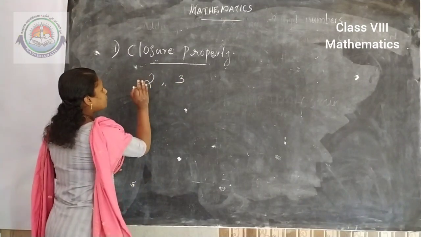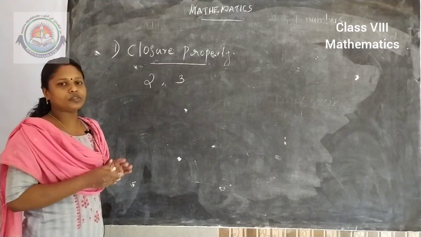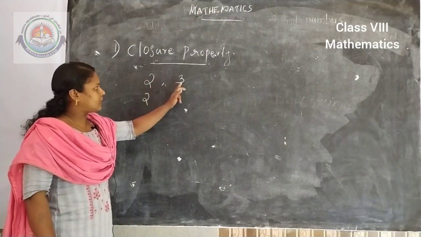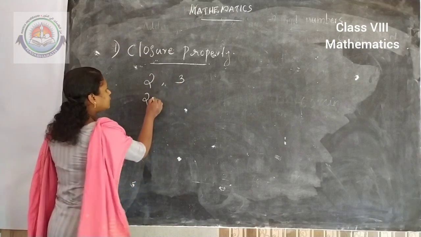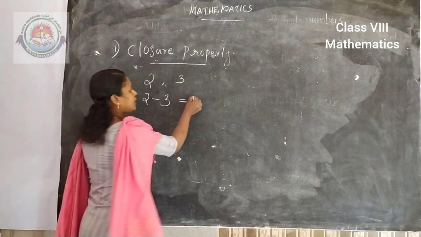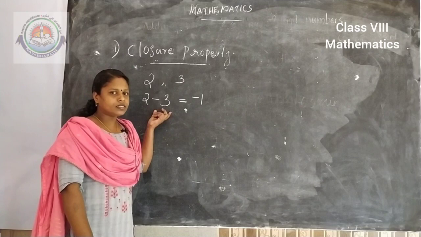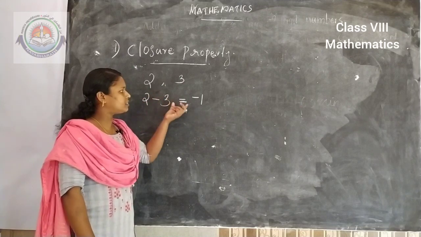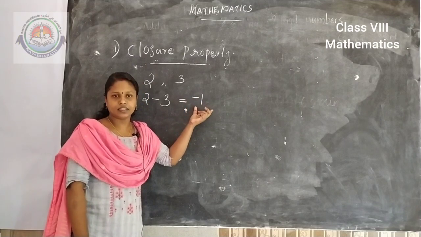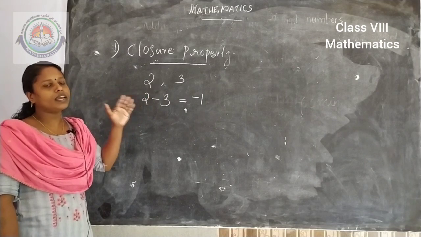And the closure property under subtraction means we need to find the difference of these two numbers. 2 is an integer and 3 is another integer. Then 2 minus 3 equal to, what is 2 minus 3? Negative 1. So 2 and 3 are integers, and the difference of 2 and 3 is negative 1. This negative 1 is another integer.